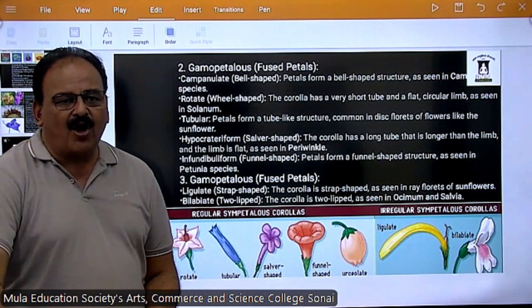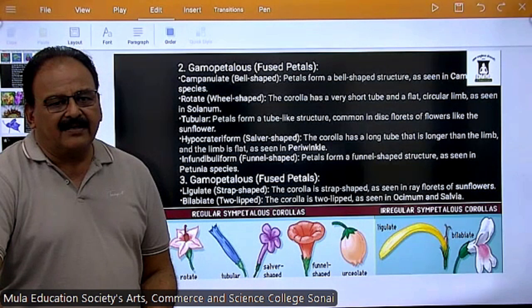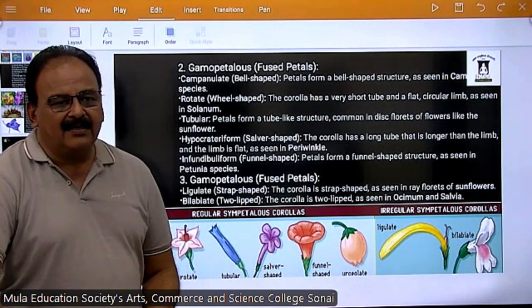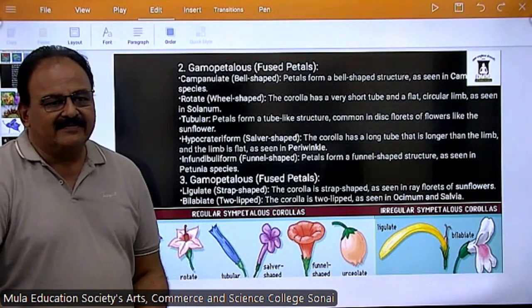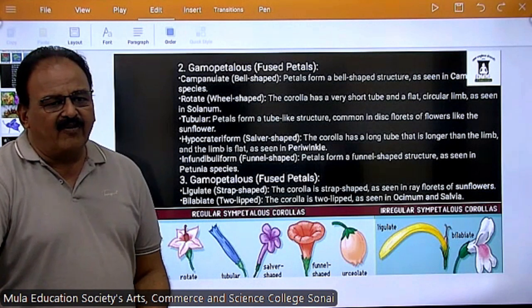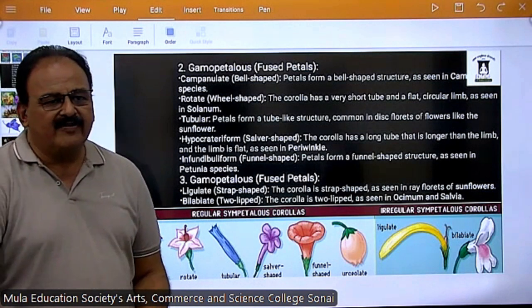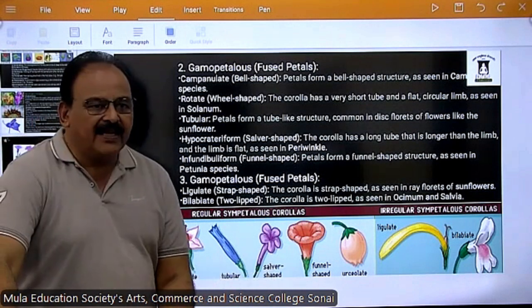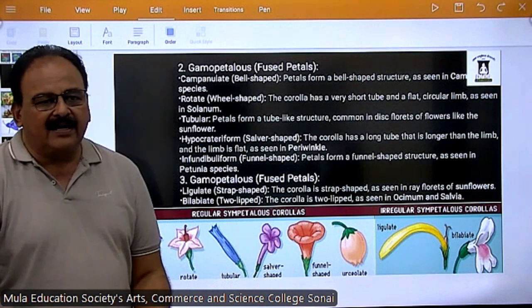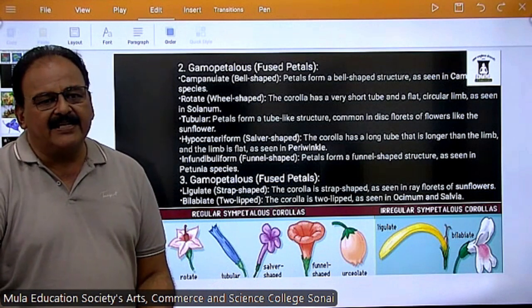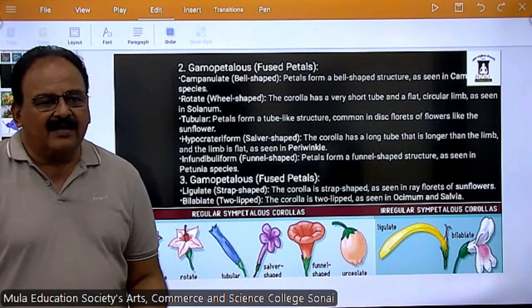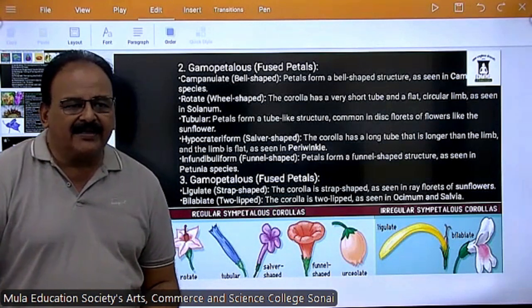The corolla has a long tube that is longer than the limb, and the limb is flat, as seen in periwinkle. Next type is infundibuliform, or funnel-shaped. In this, the petals form a funnel-like structure. Example of this is petunia.